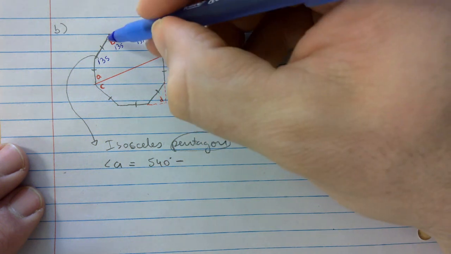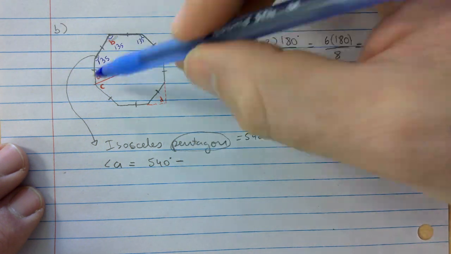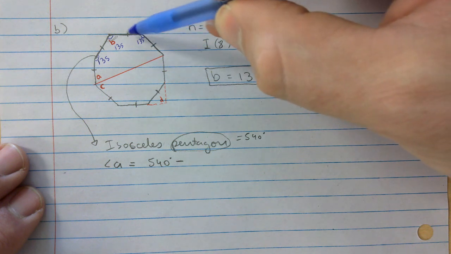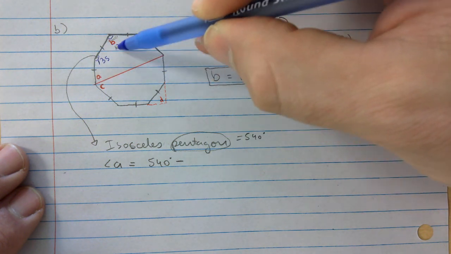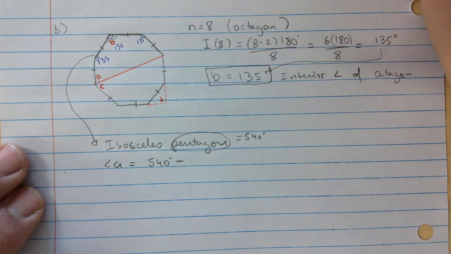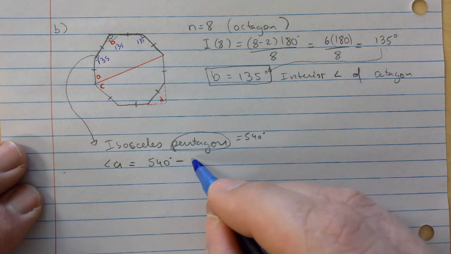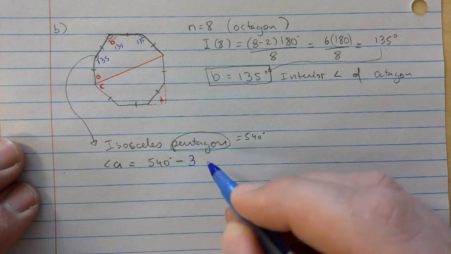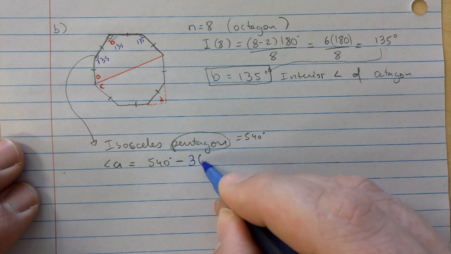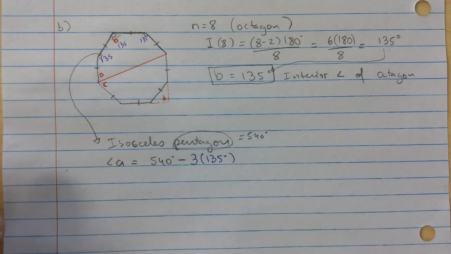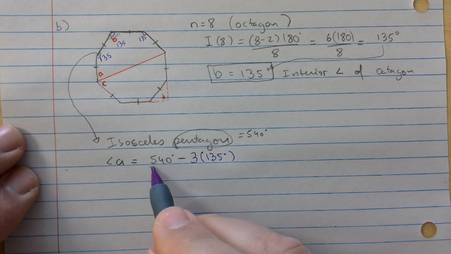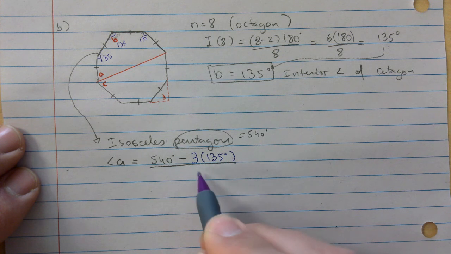Like these three angles up top, it's almost like a barn roof. They have three angles up there that measure 135. So we're going to go minus 3 times 135. And we always divide it by 2.